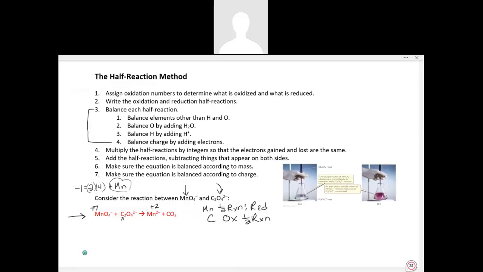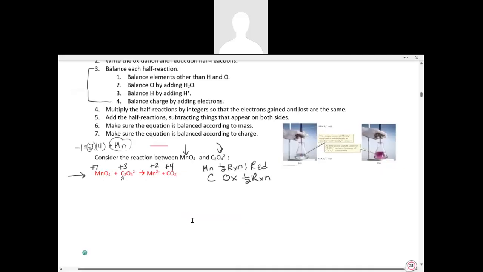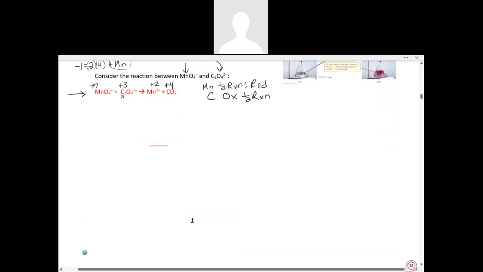The oxidation number for my oxygen does not change in either species here, so I know it must be the carbon. Just for the sake of knowing for sure, I'll give you those oxidation numbers. From the neutral compound CO2, you get +4, and for the oxalate ion, set equal to -2, you get +3 for your carbon. So you can see that it definitely increased. Carbon was our oxidized species.